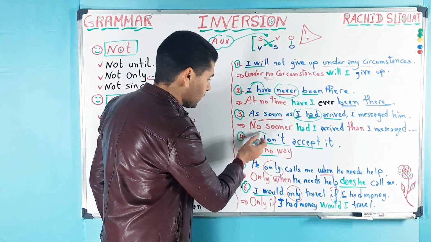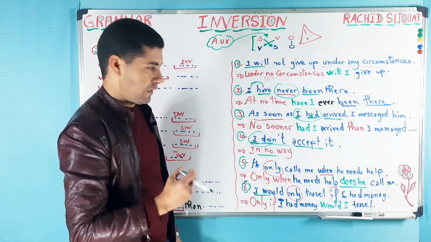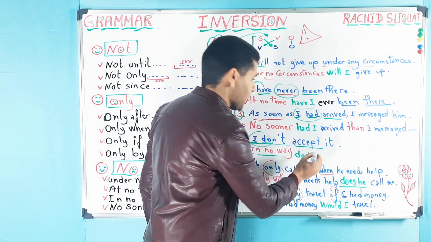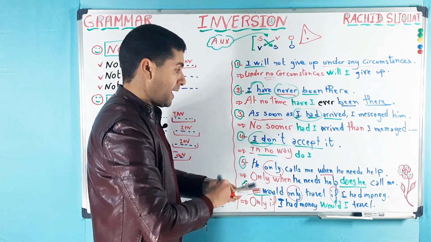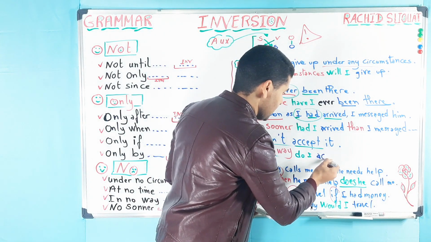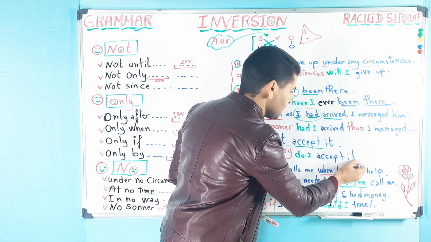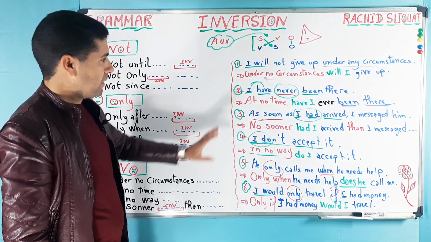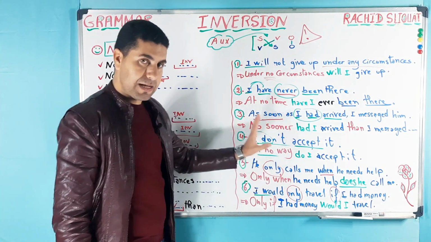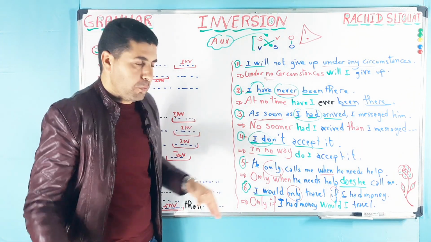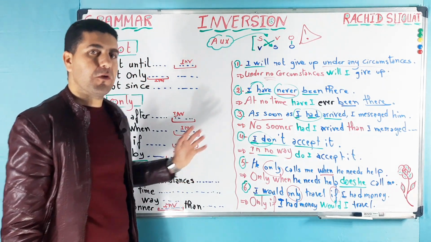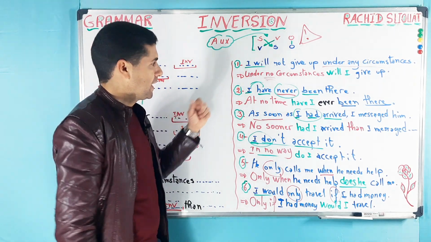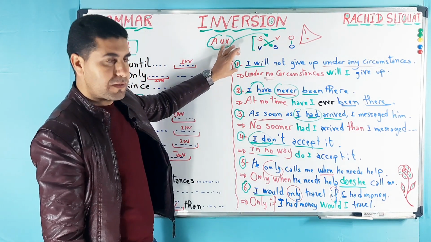So we invert the subject and the auxiliary, and we say: in no way do I accept it. So this is the example of in no way. Just keep in mind these expressions are negative expressions. We can also call them negative adverbials. So what follows is supposed to be affirmative, even if the original sentence is negative.